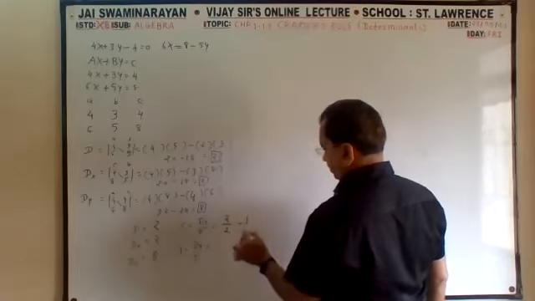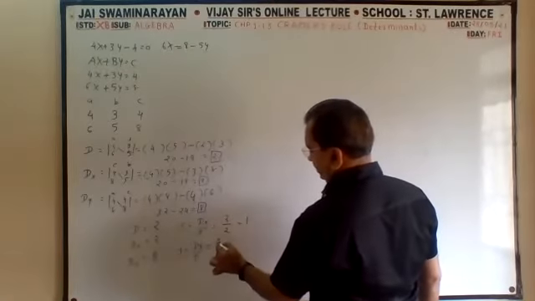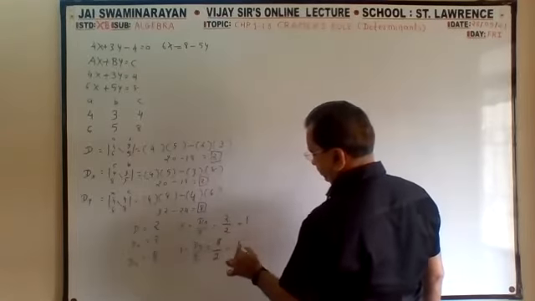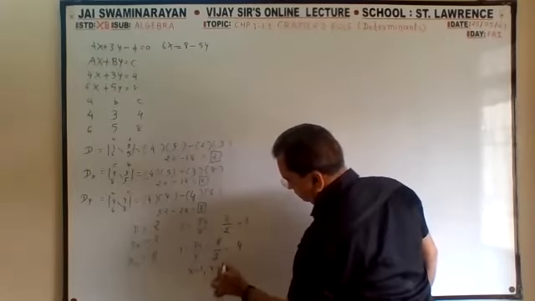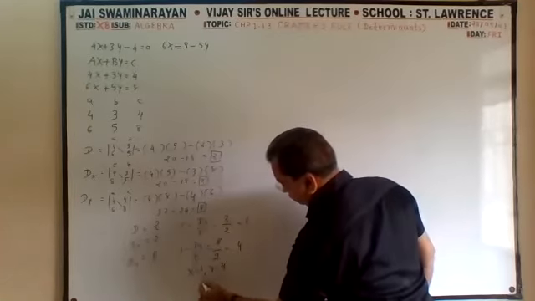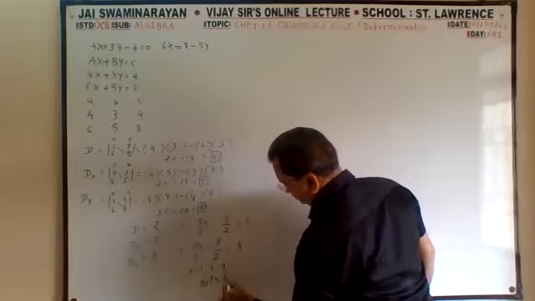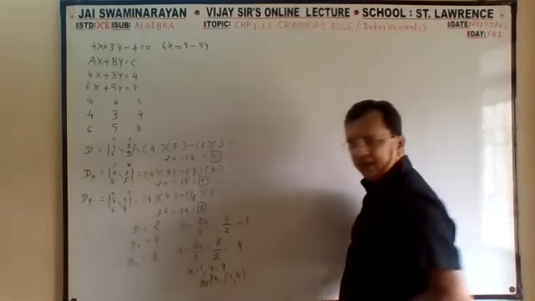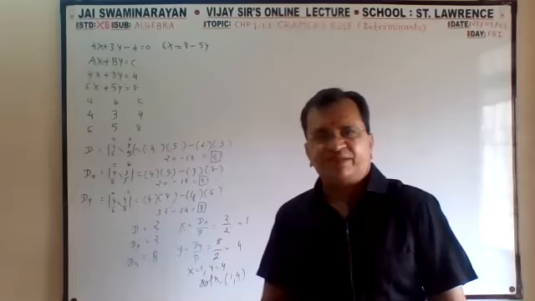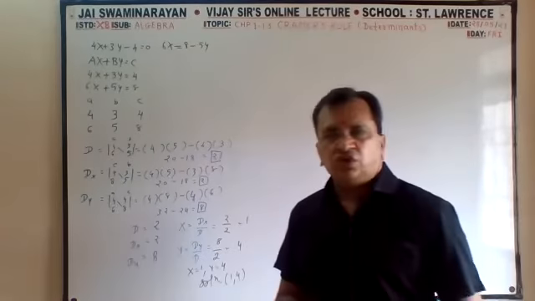So the answer is 1. Dy by D is 8 by 2, that is 4. So your x answer is 1, your y answer is 4. So the solution is x first, y second.